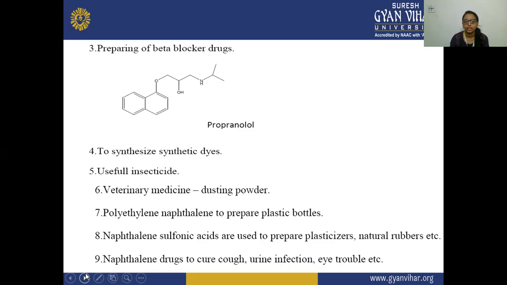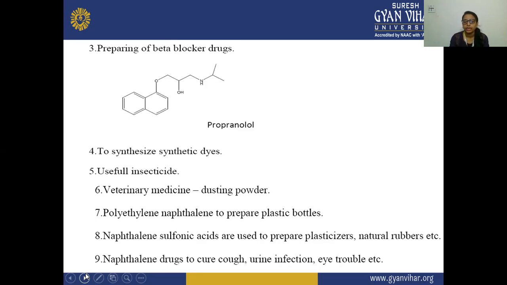Next is polyethylene naphthalate to prepare bottles. This polyethylene naphthalate is used to prepare plastic bottles. When naphthalene is reacted with polyethylene reactants, there is a formation of polyethylene naphthalate, and plastic bottles are formed. Naphthalene sulfonic acids are used to prepare plasticizers and natural rubber.